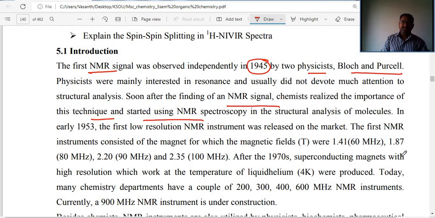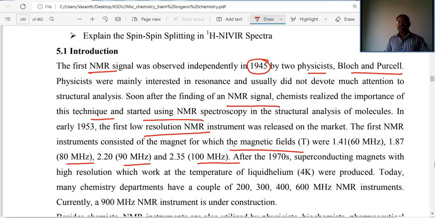In 1953, the first low resolution NMR instrument was released on the market. The first NMR instrument consisted of magnets of 1.41 tesla, meaning 60 megahertz, 80 megahertz, 90 megahertz, 100 megahertz.